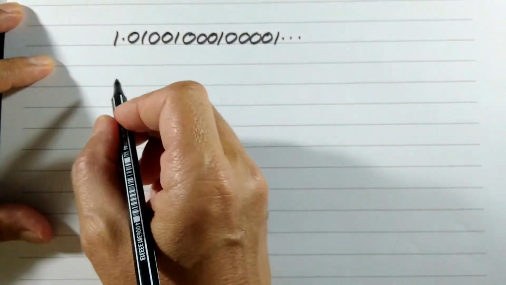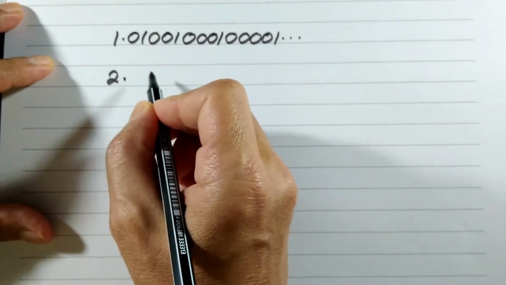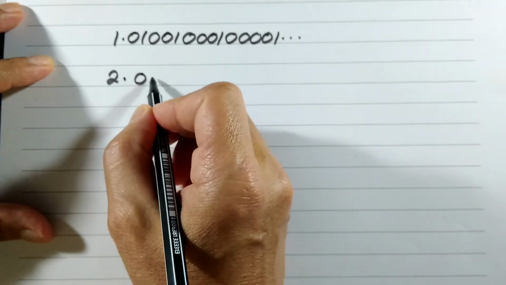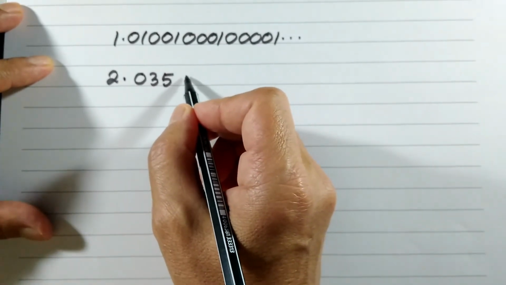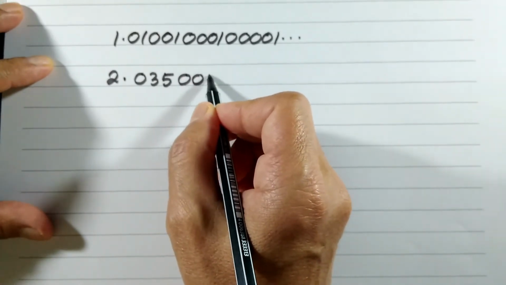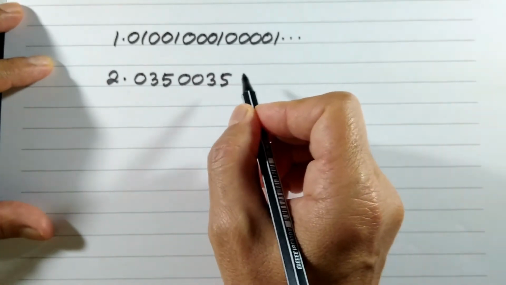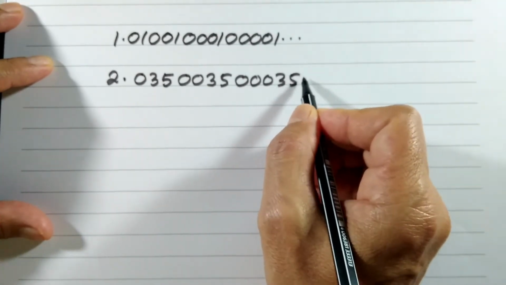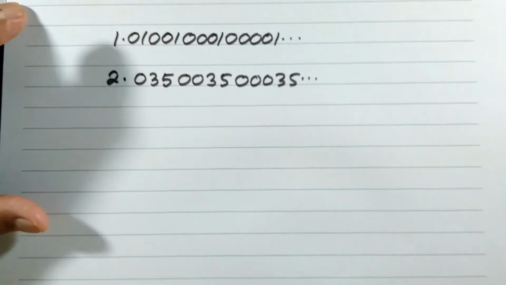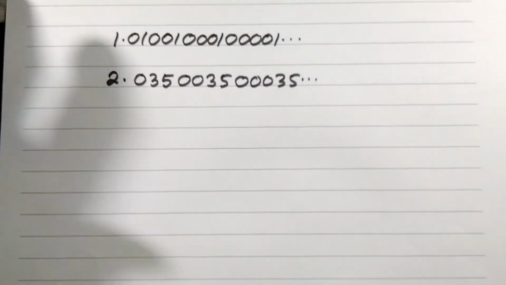Now, let's give another one. For example, we have 2.035, and then we have 0035, 00035. Also, we'll produce another irrational number.